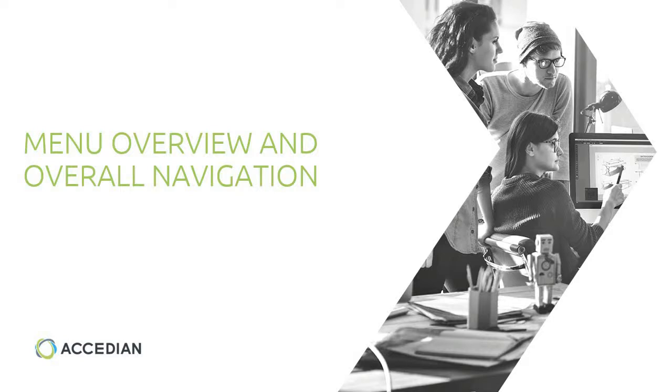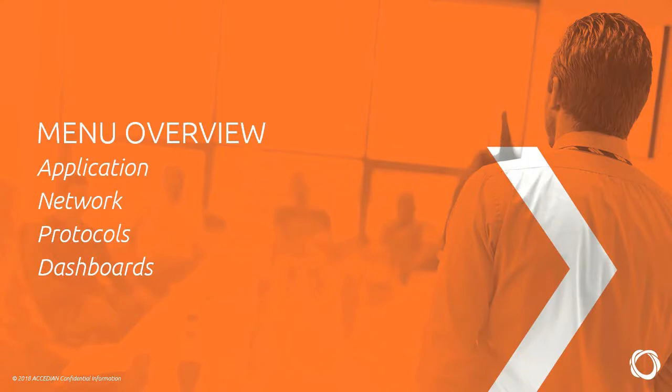We are going to talk about the menu overview and overall navigation of the PVX Skylight product. We're going to talk about the application menu and the different options that are available to you.